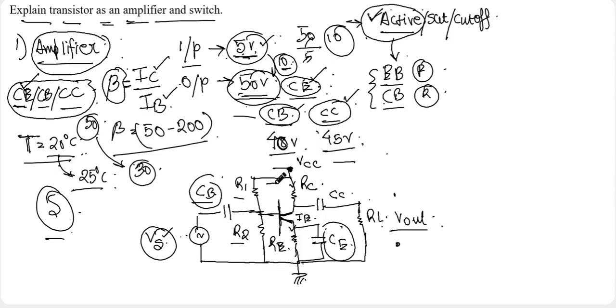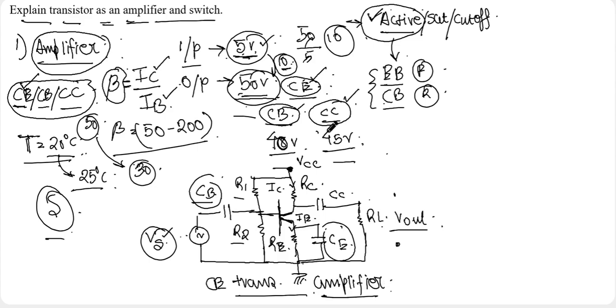Here the current will be flowing as IC. Okay. So this is the main circuit diagram of a CE transistor as an amplifier.